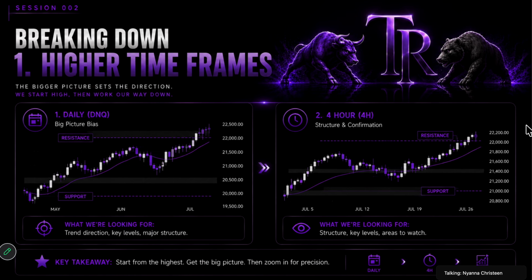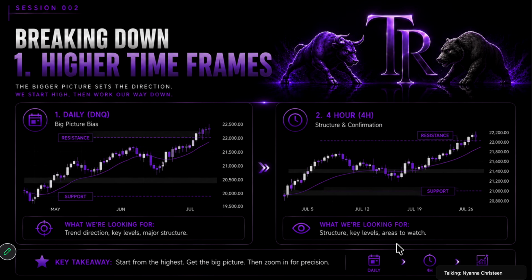It's give or take depending on how the market is moving, but for the most part, I'll look at my daily chart and my 4-hour chart, and I'm asking myself, what is the overall direction of the market? Is price creating higher highs, or is it creating lower lows, or is it moving sideways? That's what the higher time frame is telling us.